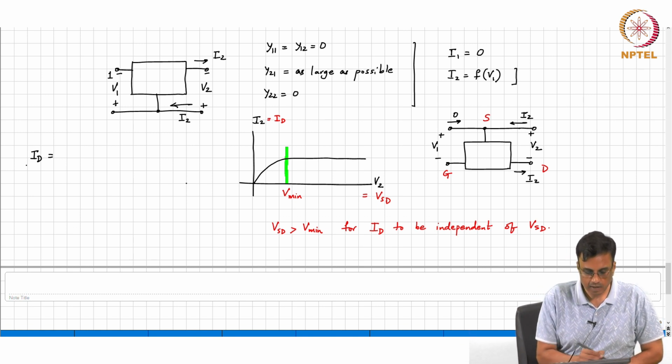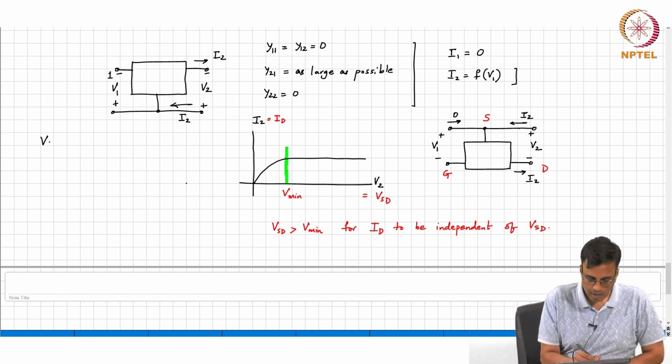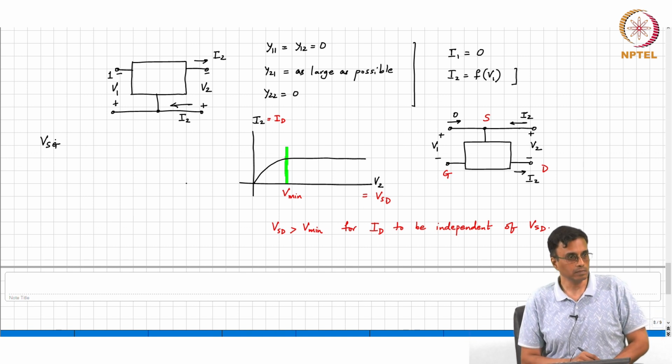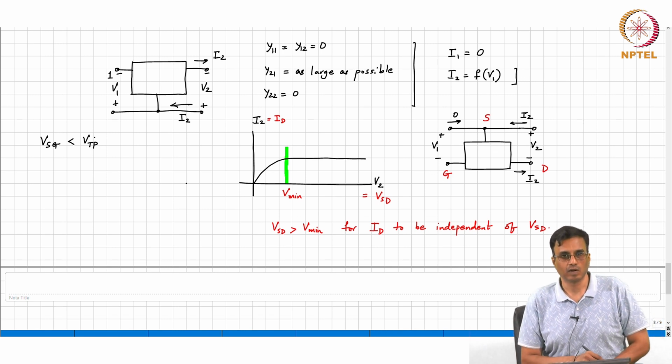ID turns out to be, first of all, if VSG is less than some threshold quantity called VT.